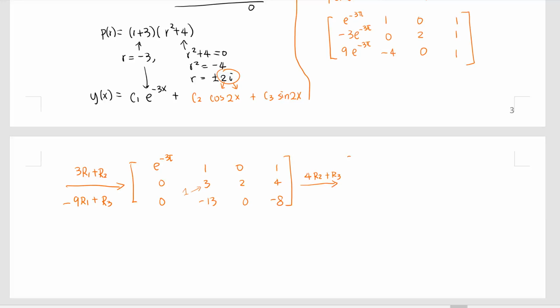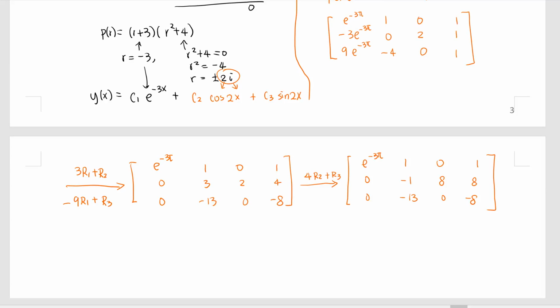Okay, so we have e to the minus 3 pi, 1, 0, 1. Okay, so 4 times 3 is 12. So 12 minus 13 is minus 1. So we don't necessarily make 1 here. We can make minus 1. It works the same, okay? And then 4 times 2 is 8. 4 times 4 is 16 minus 8, 8. And then 0, negative 13, 0, minus 8. Okay?